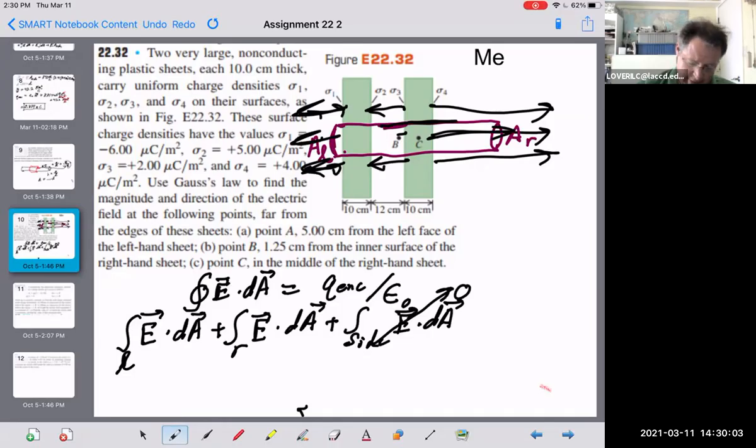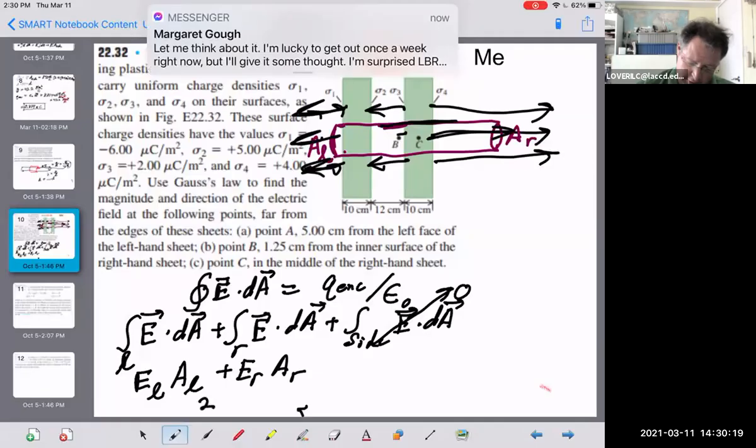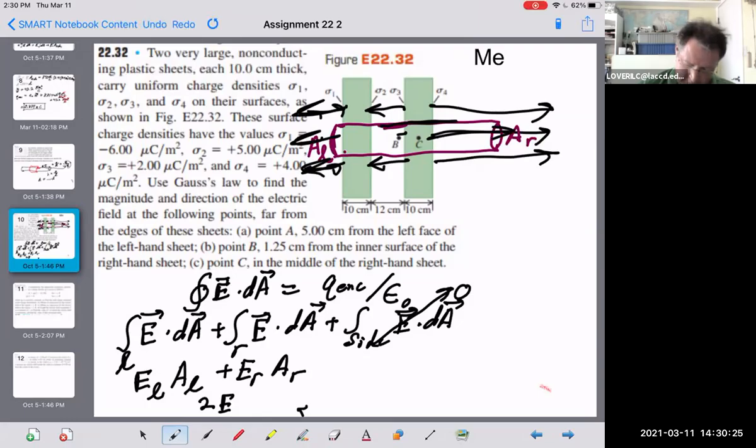Either way, it's the same result. This is just E left, area of the left, plus E right, area of the right. We think those are the same. So this is just 2E at point A times the area.